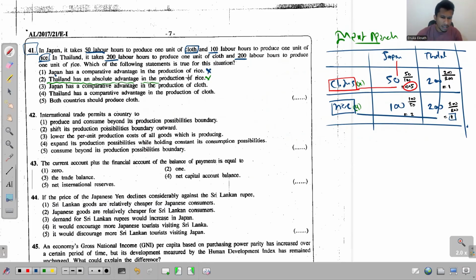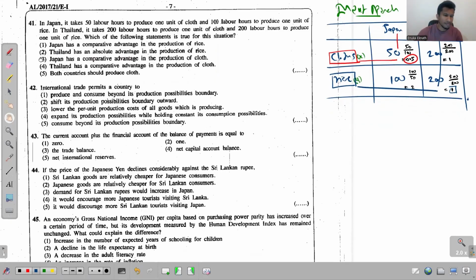Second one we discussed earlier, that's wrong anyway. The third one, Japan has comparative advantage in producing clothes, and that is 100% true. So the answer for this question 41 is the third one. All right. Now let's look at question 42.